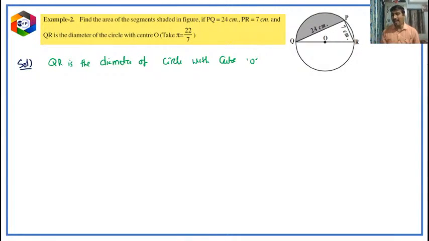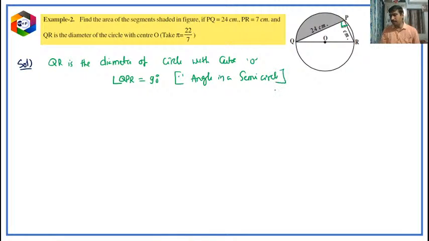So the angle in the semicircle, or the angle formed in the half of the circle, is 90 degrees. So since QR is diameter, angle QPR is equal to 90 degrees. The reason is angle in a semicircle.